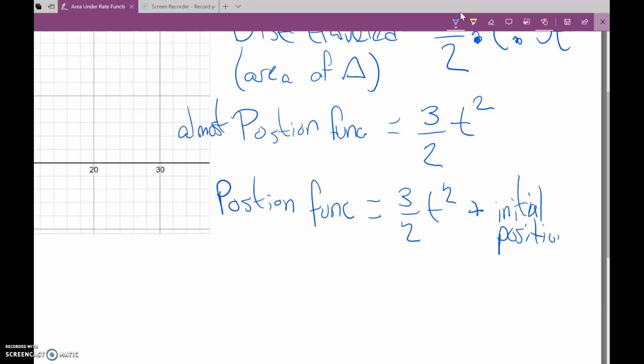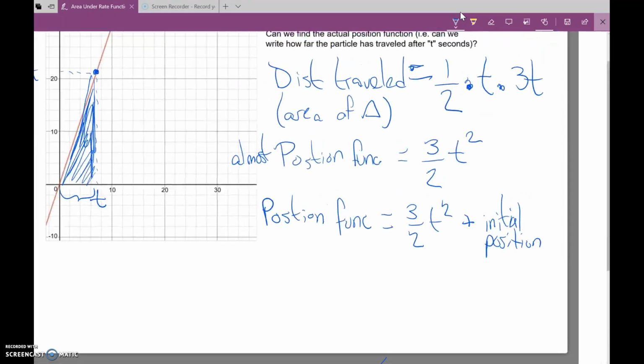If I were given some extra information in the problem, like the particle started at position 0, or at t equals 5, the particle was at 25, I could figure out with that additional information what the initial position was. But without that information, this is as close as we can get to a position function. But, you know, that's pretty good.